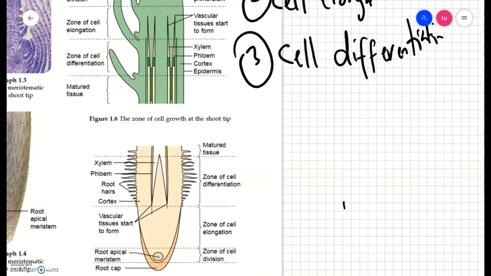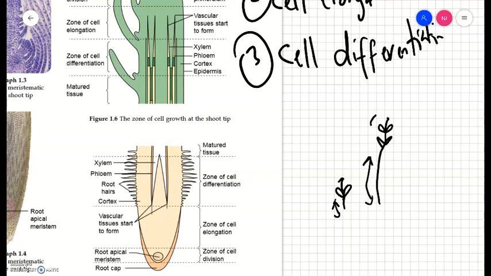Plants tu daripada dia kecil macam ni, when it's small like this, it will go bigger than this. What I want to show you here, the three zones. Kalau kamu nampak yang memanjang itu sebenarnya di bahagian bawah. Ini yang akan nampak panjang.